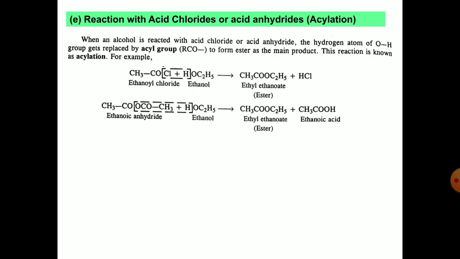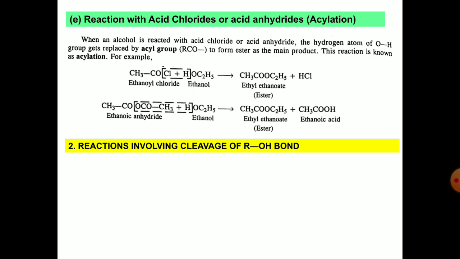Now come to ethanoic anhydride reacting with ethanol. Here, instead of Cl, the O C double bond O CH3 will be replaced by OC2H5. So what will happen? Ethyl ethanoate will be formed plus acetic acid will be formed.